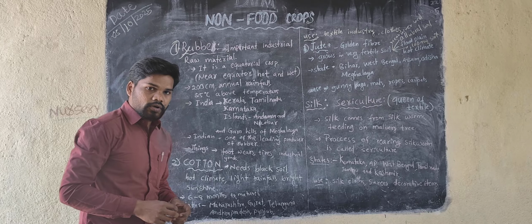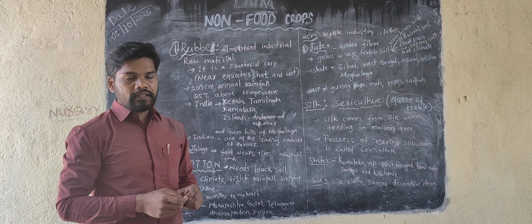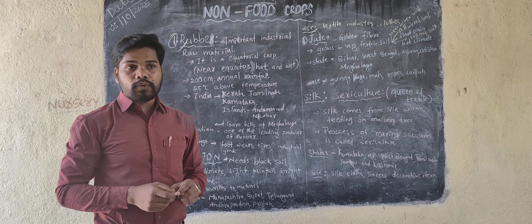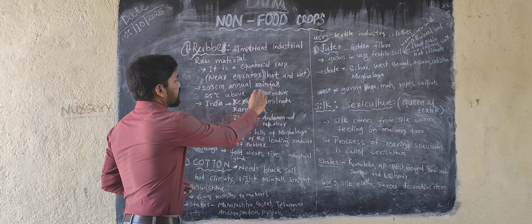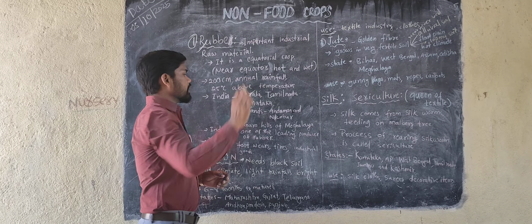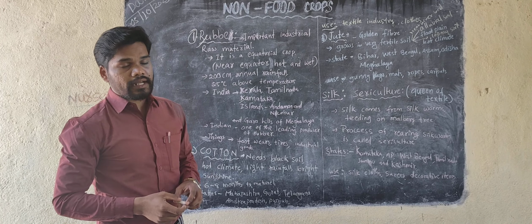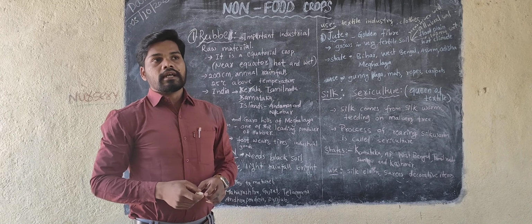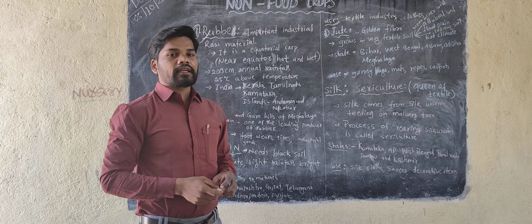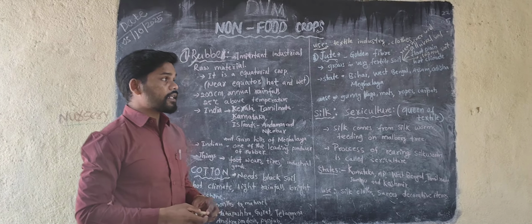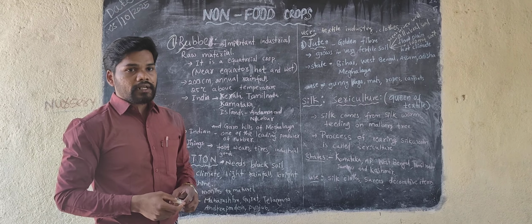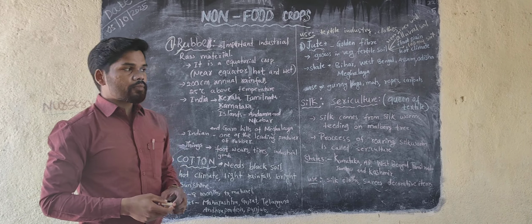Now if we talk about our country, in India, where do we find such climate? It is Kerala, Tamil Nadu, Karnataka, and islands like Andaman and Nicobar, and in the eastern side like Garo Hills of Meghalaya. So these are the places in India where rubber plantation takes place.